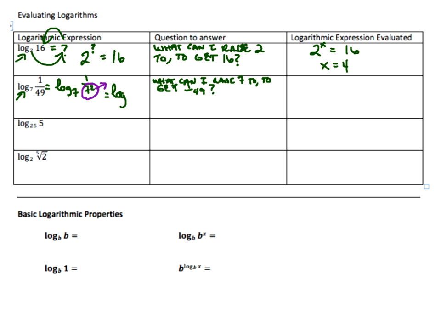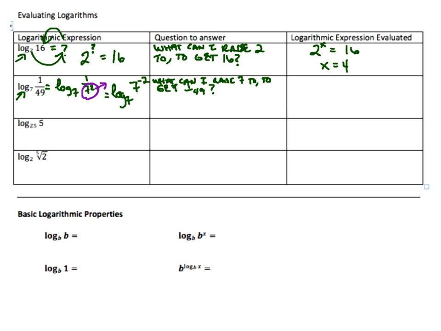So this is the same thing as log base 7 of 7 to the negative second power. And if you are not up to speed on all of your exponent rules, you need to go back into the prerequisite material and make sure you know those exponent rules backwards and forwards, because you're going to have to be able to know them and use them to be successful in this logarithm chapter.